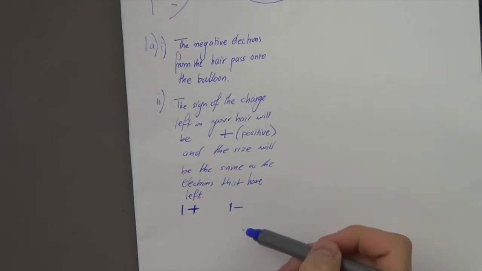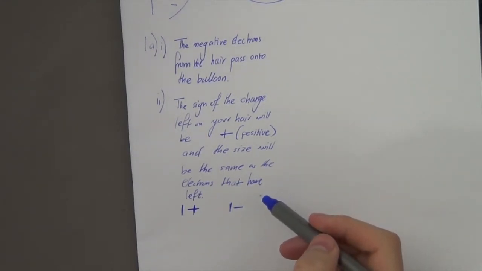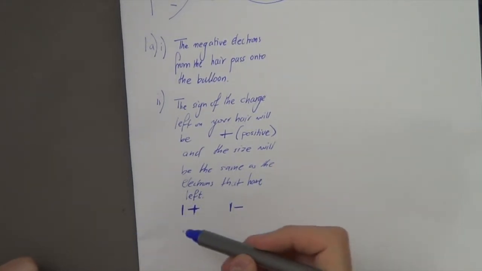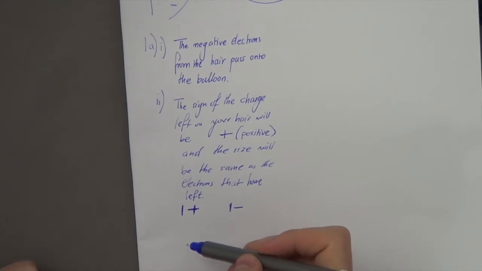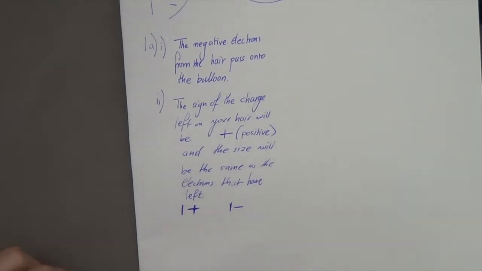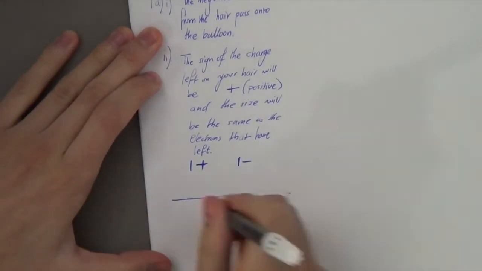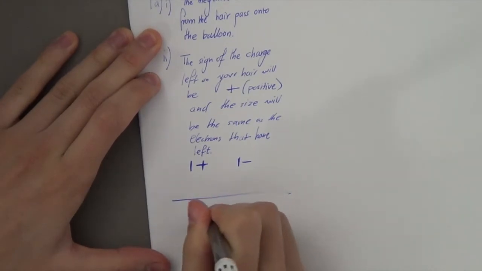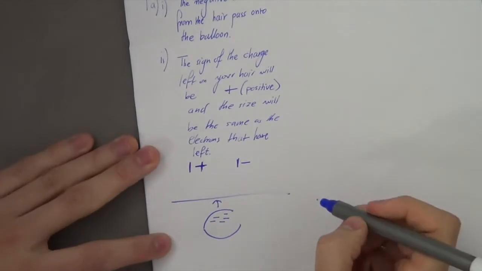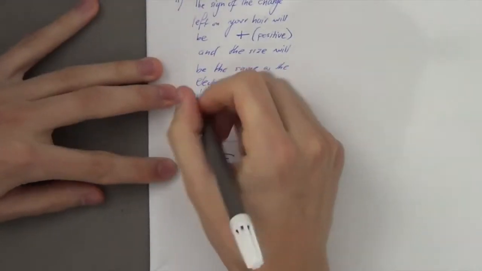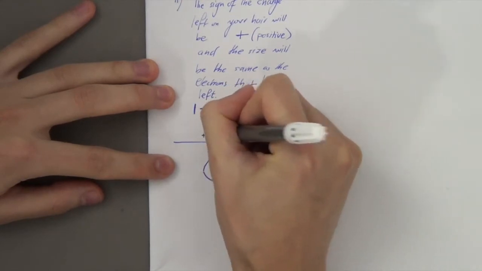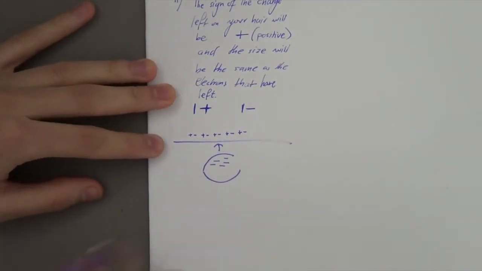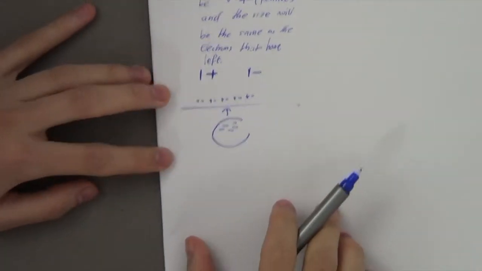Right, next question. The negatively charged balloon is brought up to the surface of a ceiling. That's the top wall in a building. The balloon sticks to the ceiling. Explain how and why this happens. So now here is our ceiling. We move our negative balloon upwards like that. At this moment our positive and negative charges are equal and positioned in that way.